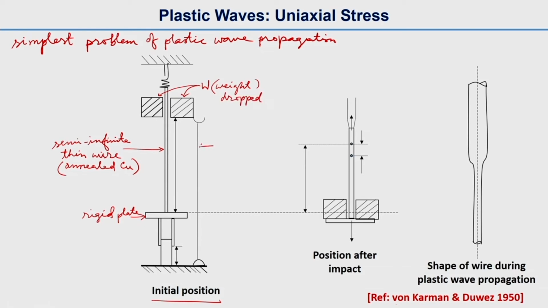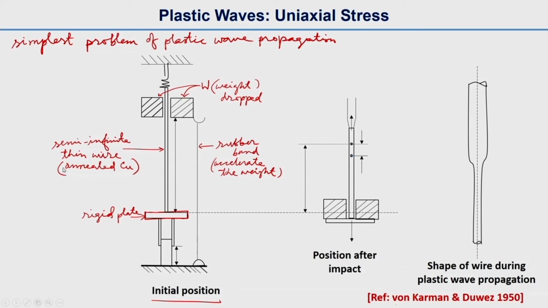A rubber band will accelerate the weight in its fall, and then the weight will impact on that rigid plate, thereby deforming the wire.